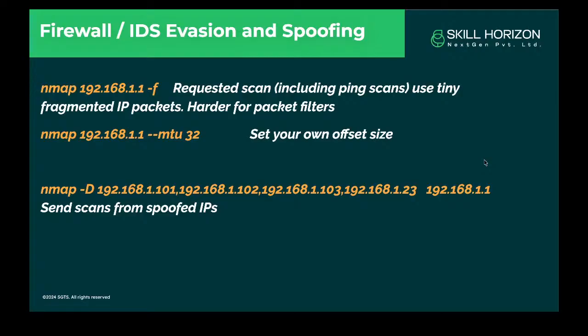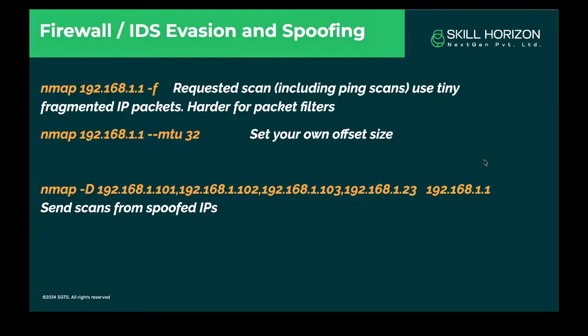So whenever you use -f on your scan, the packet filters are less likely to detect the scan because Nmap is now using small IP packets. So it is harder for an IDS or firewall to detect. If you want to bypass the restriction of a firewall or IDS, suppose they are blocking your scan, then you can include -f in your command.